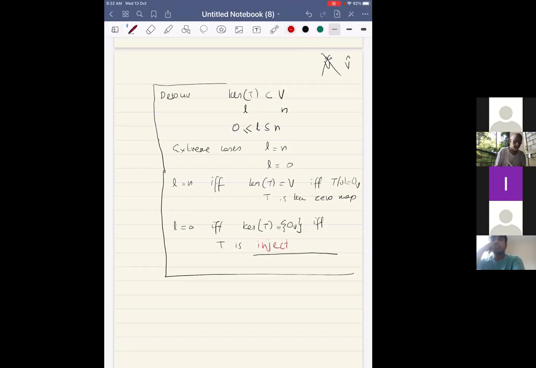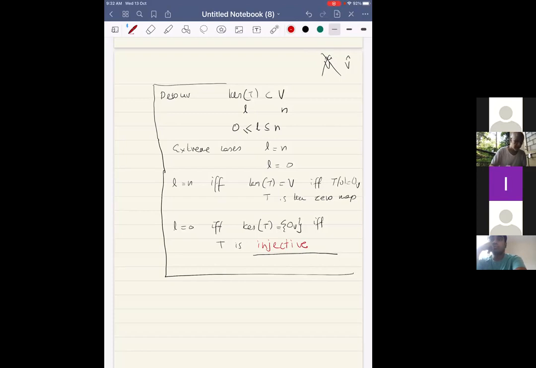It is 1-1. So this is an exercise that I hope you proved earlier, that a linear map is 1-1 if and only if the kernel consists of only the zero vector. So we are interested in L anywhere between dimension N and 0.